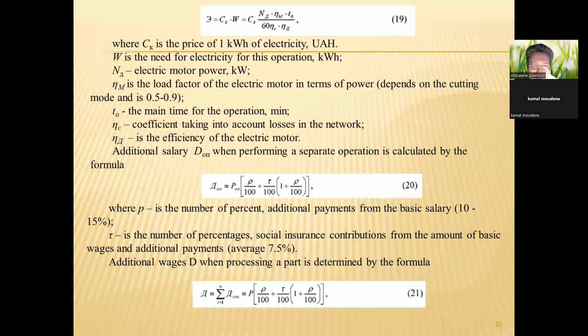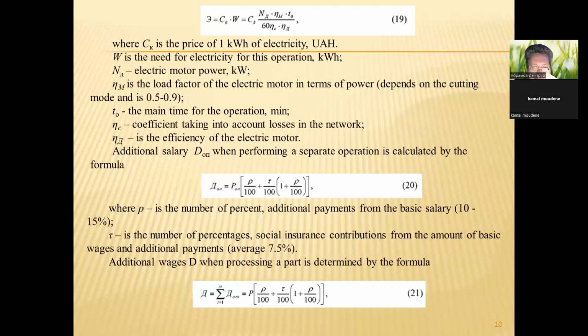Additional salary, big D, when performing a separate operation is calculated by formula 20. In this formula, small p is the number of percent additional payments from the basic salary, from 10 to 15%.